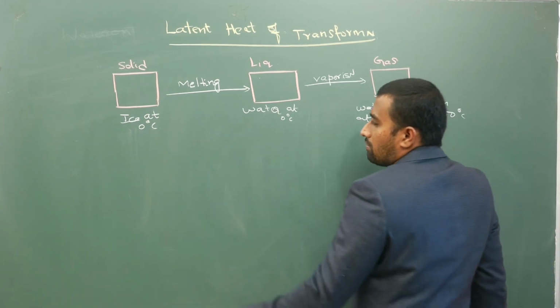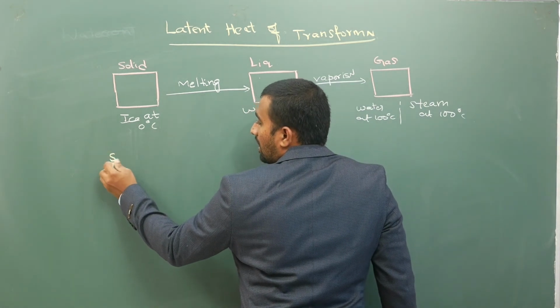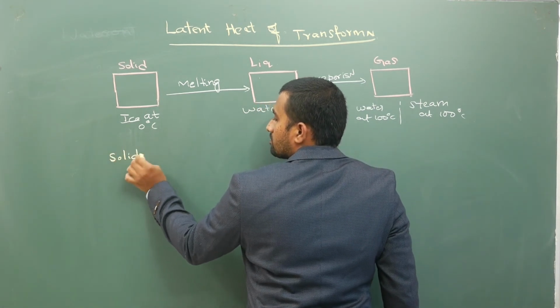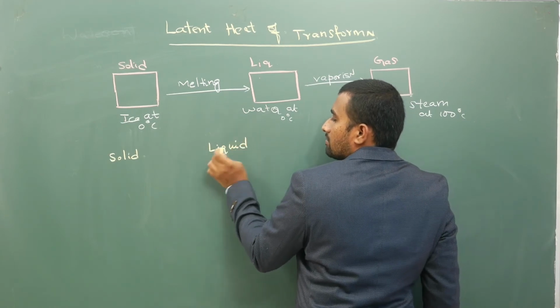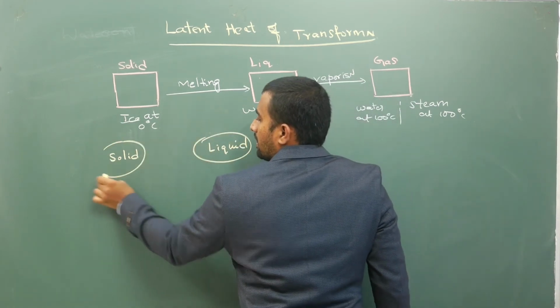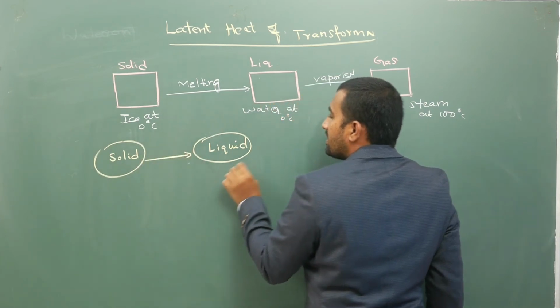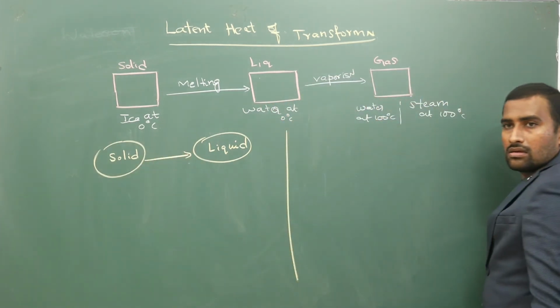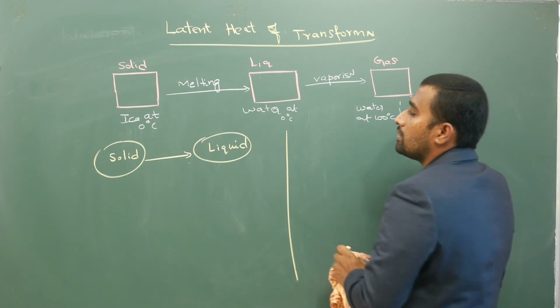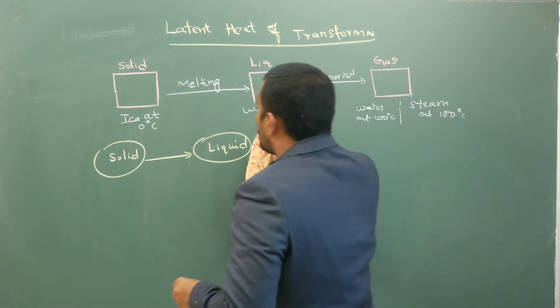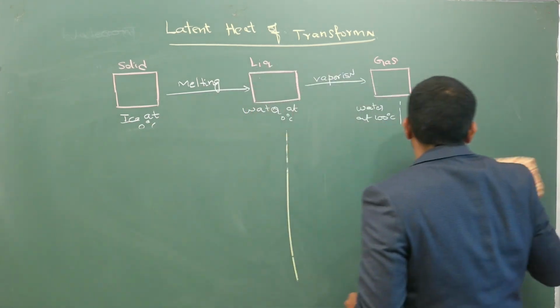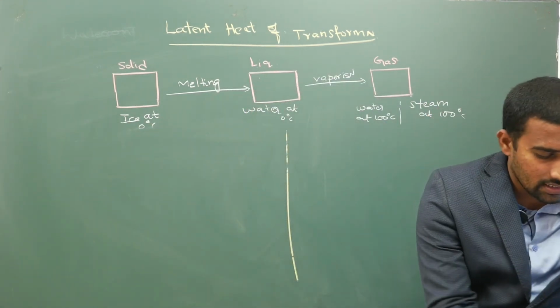So my point is, if you have a solid and you convert it into liquid, you require heat energy. That is nothing but your latent heat of transformation. So I'll keep that as the heading, and then I'll explain.